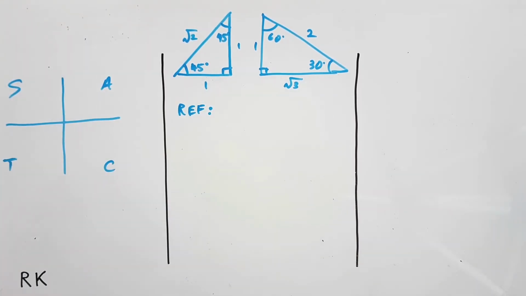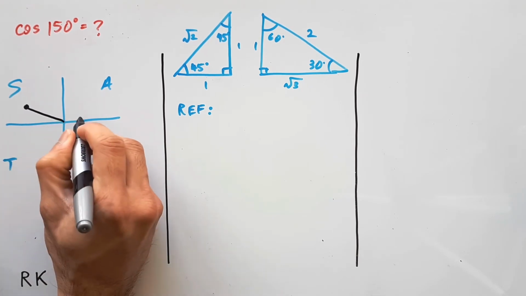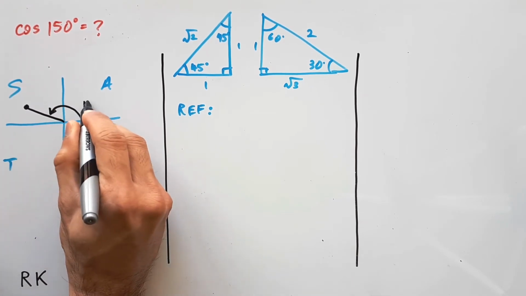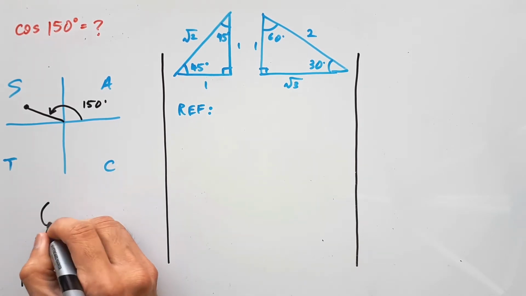Alright, our next problem is cos 150. If you want to try working it out before I do, pause the video right now and give it a go. Okay, so for 150 degrees, its angle is in the 2nd quadrant. From CAST, we know cosine is negative here.